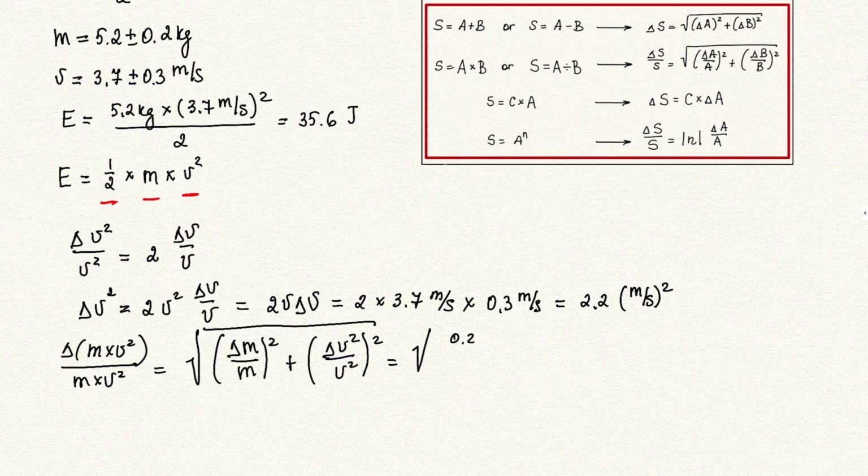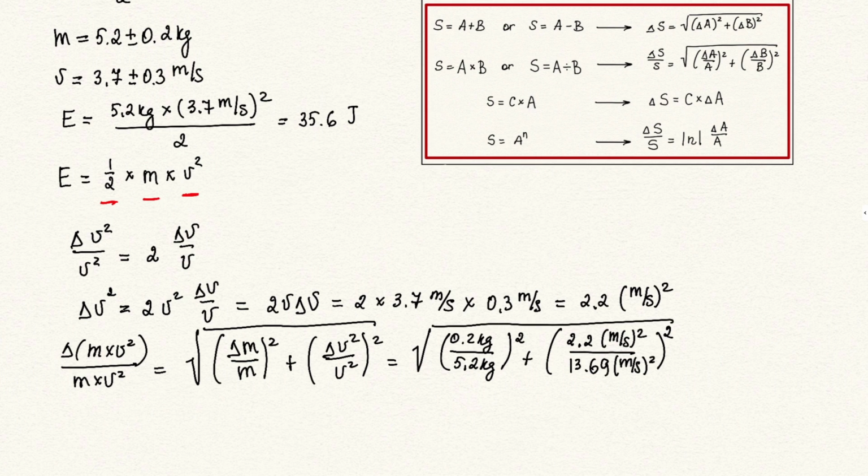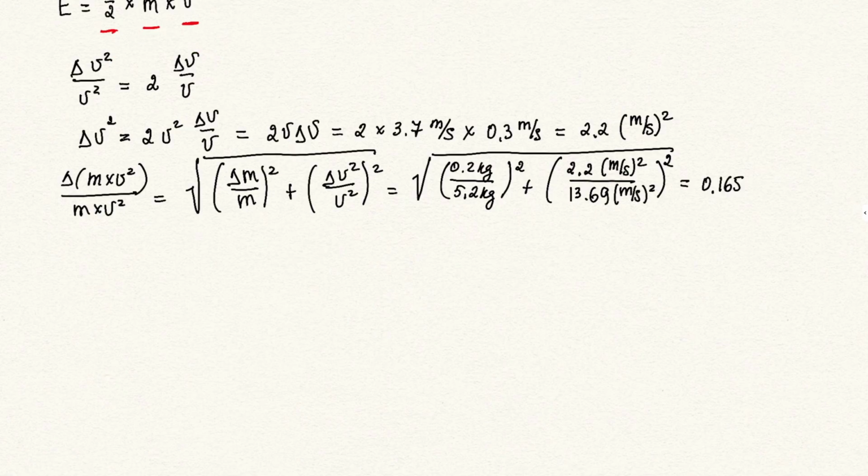So 0.2 kilograms divided by 5.2 kilograms squared plus delta v squared I calculated, and this is 2.2 meters per second squared. And at the bottom, I will have velocity squared, and 3.7 times 3.7 is 13.69 meters per second squared. This whole thing squared and square root. And the answer is 0.165. And this value is unitless because we have relative error.